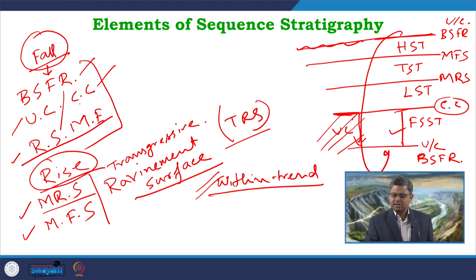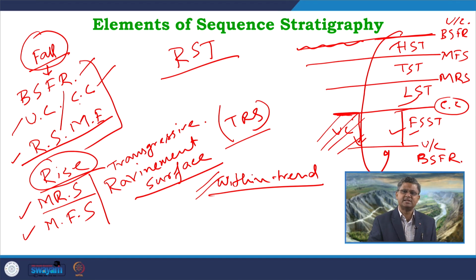In certain areas, we may not be able to distinguish between these FSST, LST and HST. In such cases, this entire regressive part is identified under one systems tract called regressive systems tract, RST. So, where the resolution of data is not sufficient to distinguish between FSST, LST and HST, we can refer to RST, where the entire regressive package is identified as one single systems tract.